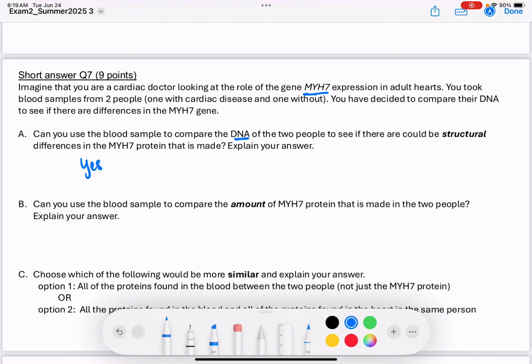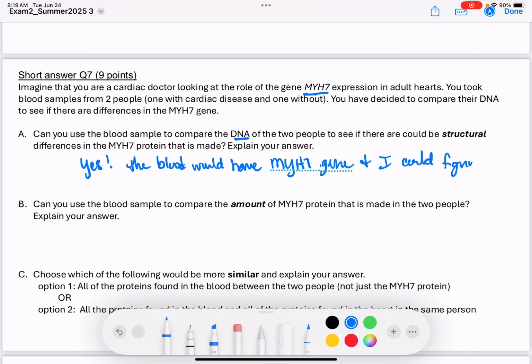So yes, the blood would contain the MYH7 gene, and I could figure out the amino acid sequence made from each sample.